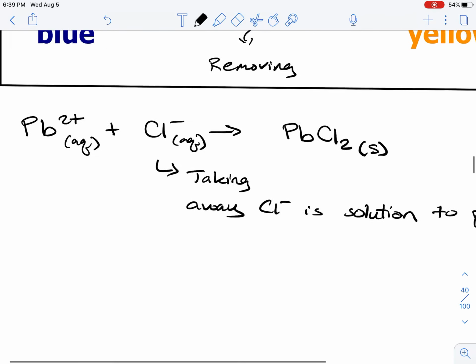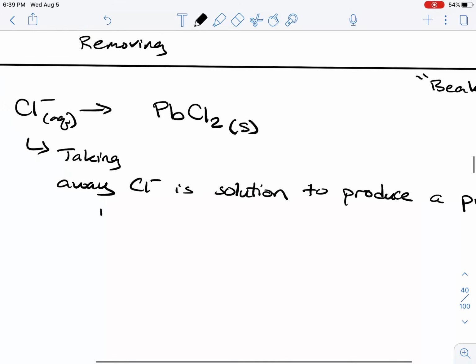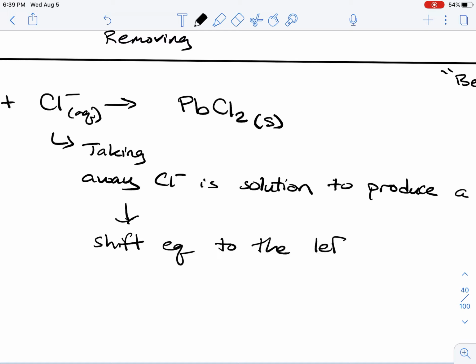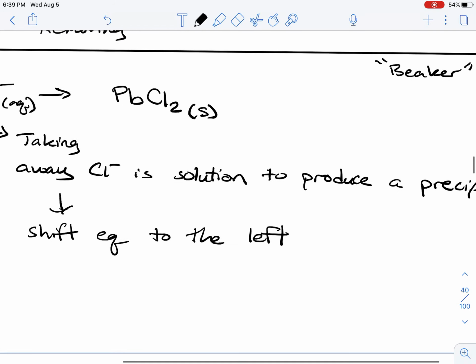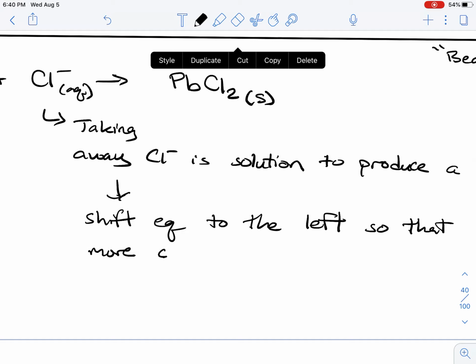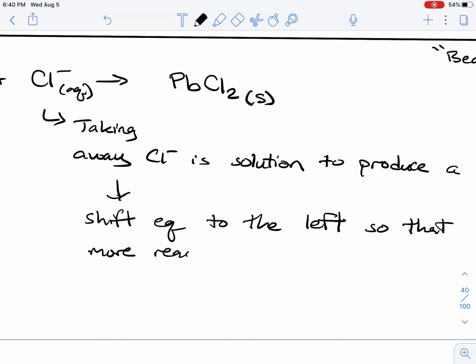And so basically this will shift the equilibrium to the left so that more reactants are produced.